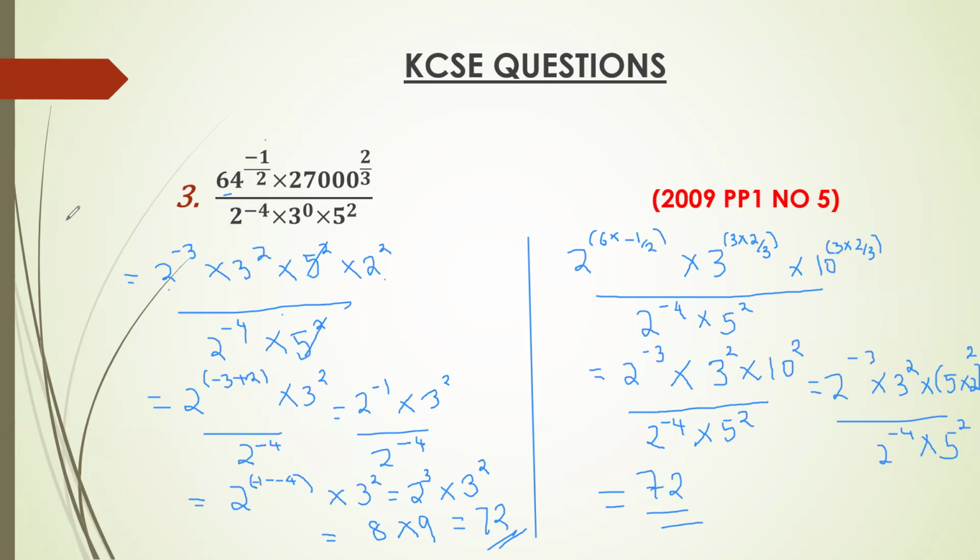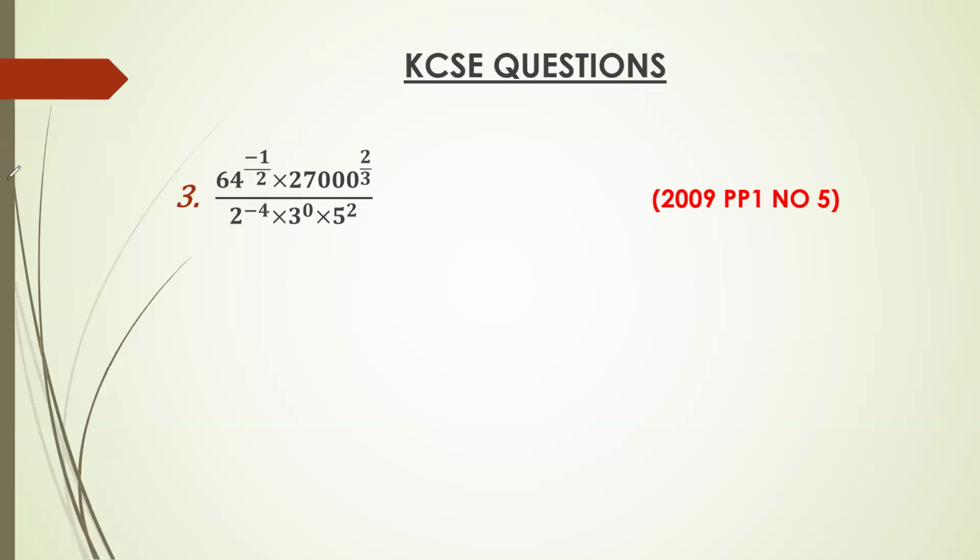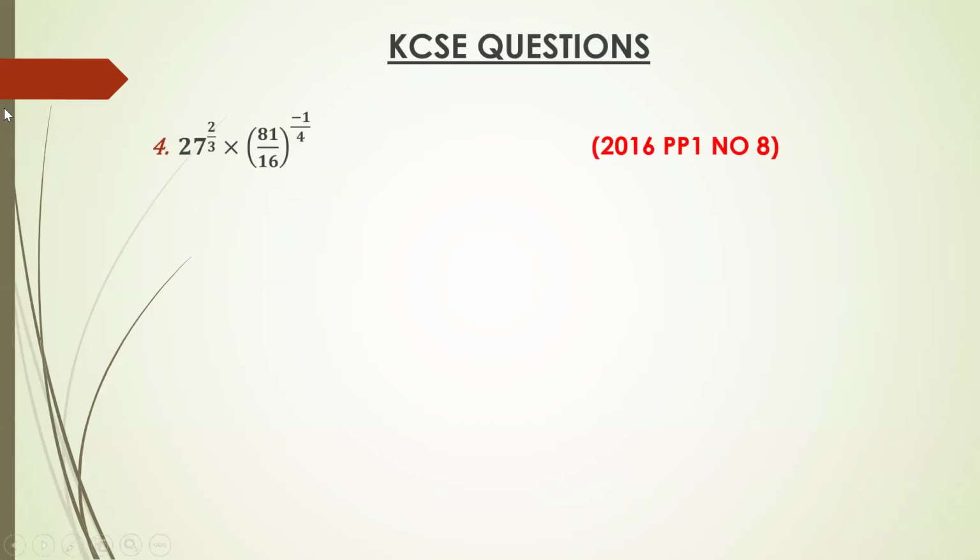Okay, let's go to the other question now. Let's do it faster because of time. Our other question says 27 power 2 over 3 times 81 over 16 power negative a quarter. So you have a question like this from 2016 paper 1 number 8, and it's very easy to solve.